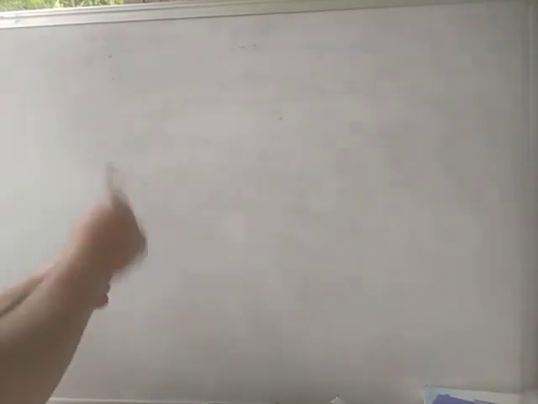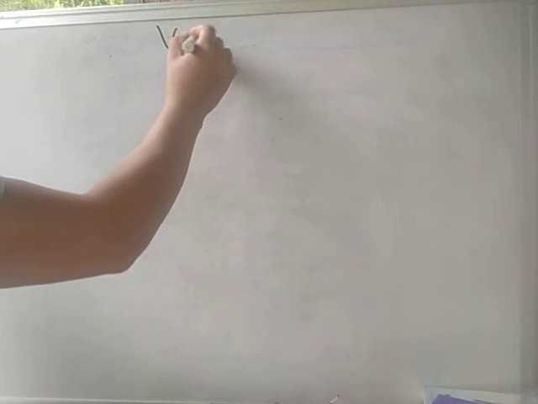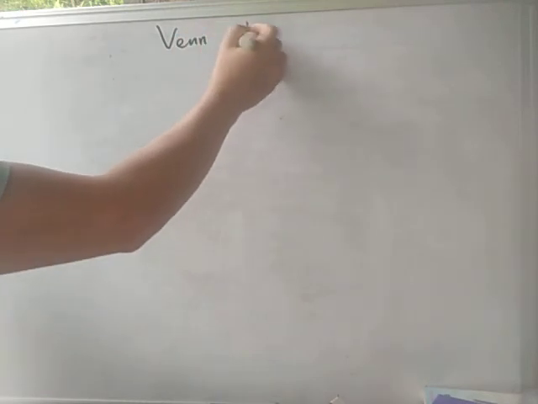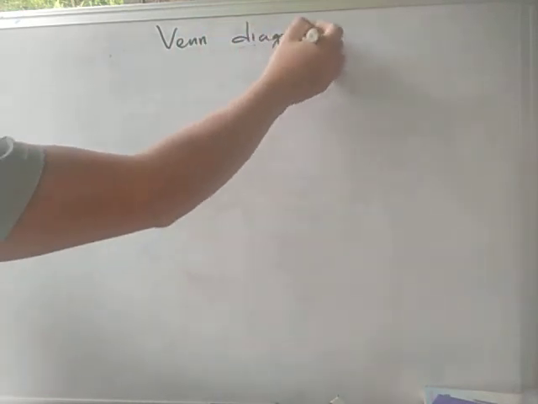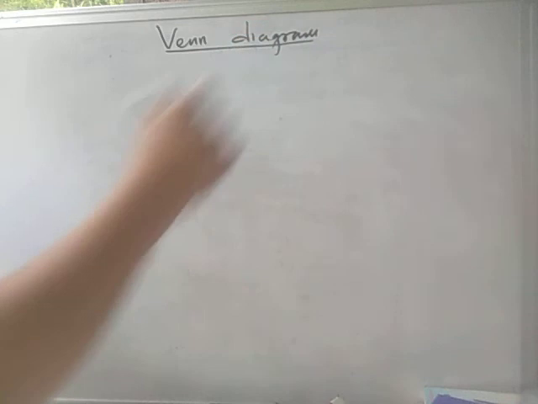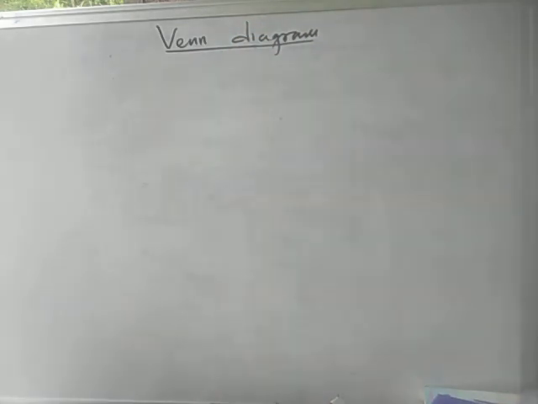Venn diagram. This diagram was made by a British logician, usually in 1834.